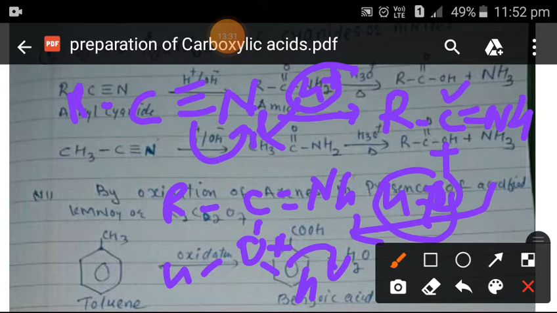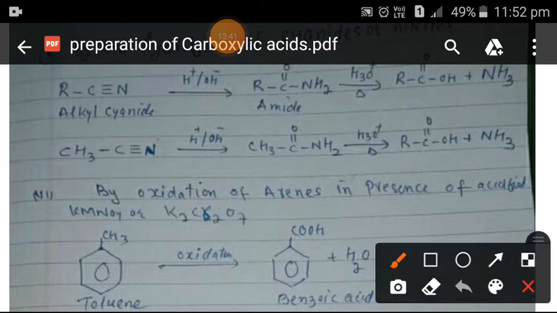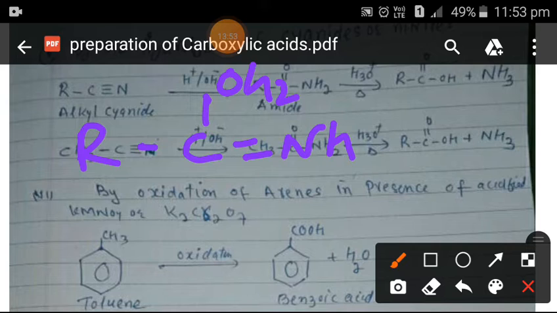So the product will be like this, as we saw in the second step. It forms RC(OH2) double bond NH. Clear? So it loses one hydrogen. Now it forms OH. Clear?